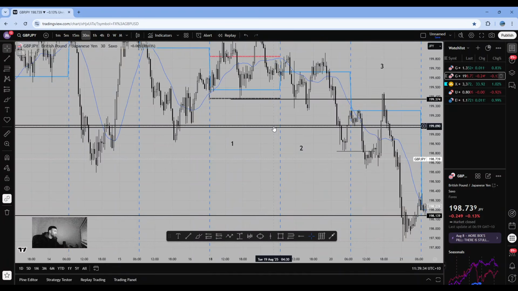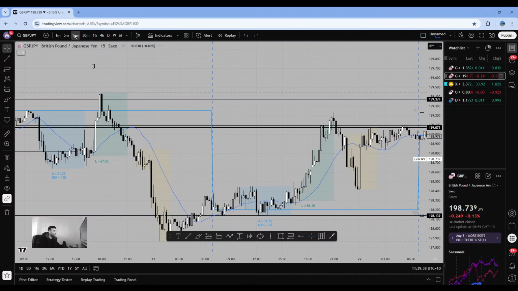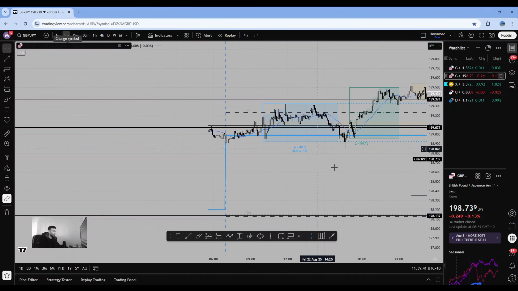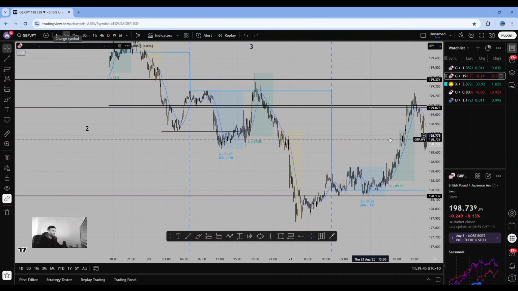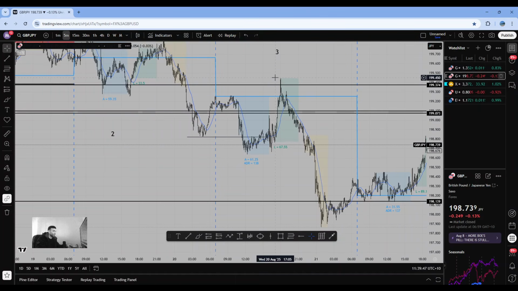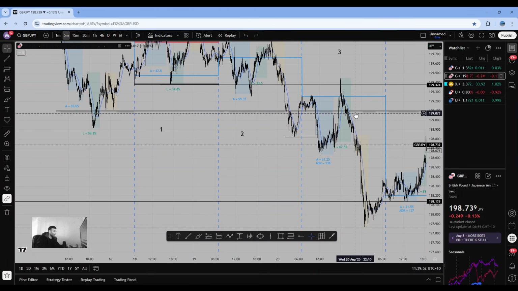There were not many opportunities on the 30-minute time frame. The best opportunities were on the 15 and the 5-minute time frame. And that is a nice classic example of the market going down all the way, rejecting all these levels to come back down on day 3 to take out the low of the week.